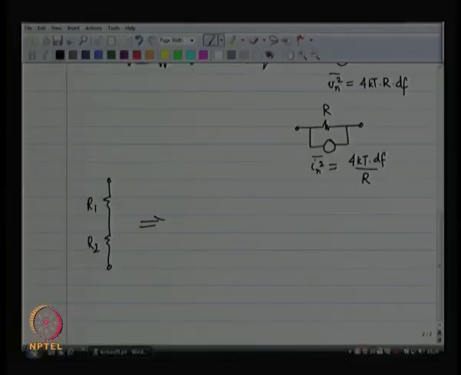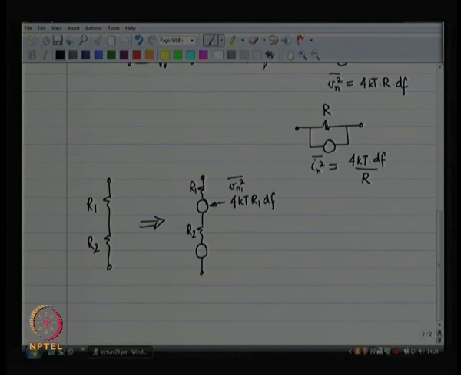R1 and R2 in series is basically noiseless R1 in series with a voltage source and noiseless R2 in series with a voltage source. The contribution of the first voltage source is 4kT R1 df, that is Vn1 squared, and Vn2 squared mean squared is 4kT R2 df.